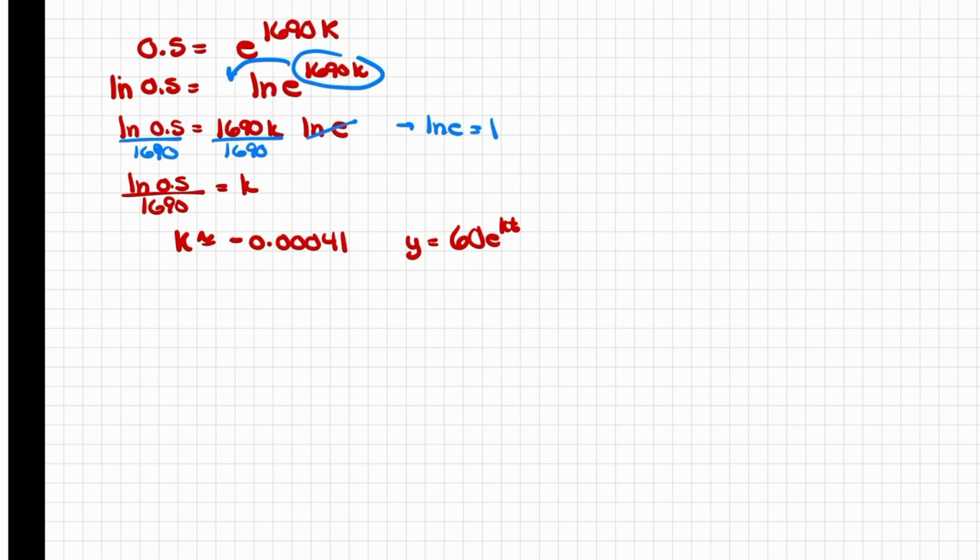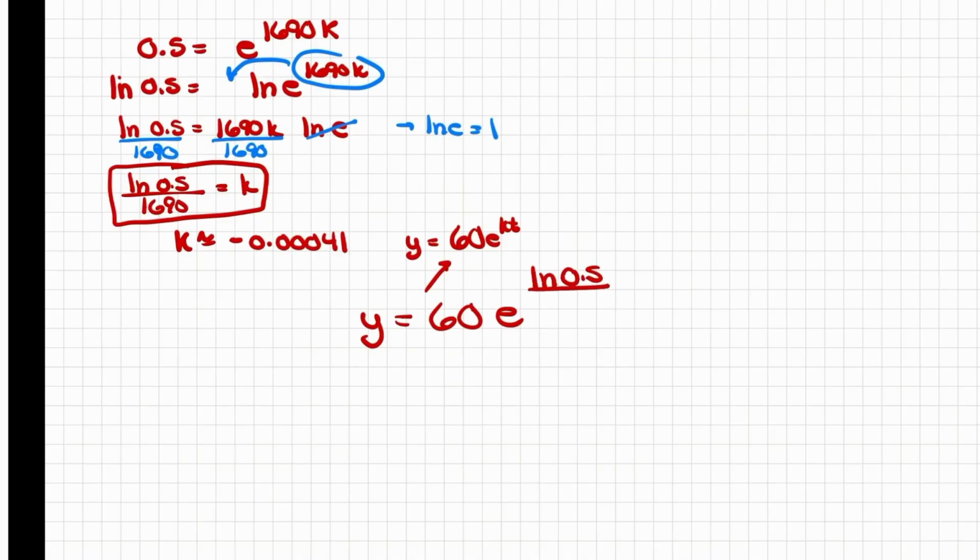Okay, so we know then that we're going to lean into this one. We know that k is equal to ln of 0.5 all over 1,690. We're going to sub that into here. So y is equal to 60 times e raised to the power of ln 0.5 all over 1,690 times t.